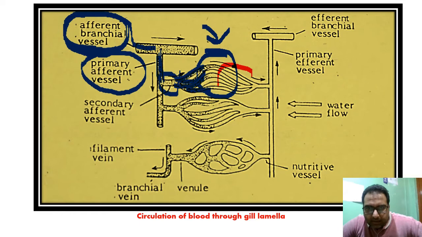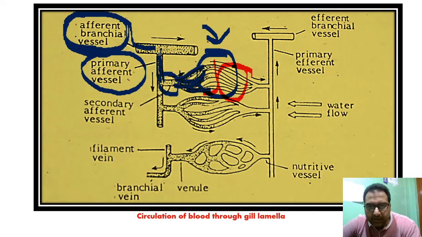So this half of the part has the oxygen poor blood, and this part has the oxygen rich blood, which is carried to the primary efferent vessels running along the margin of the gill lamellae.